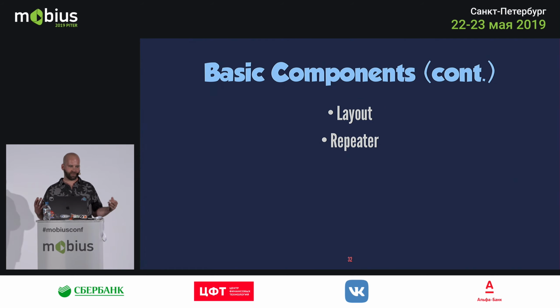It's like a heterogeneous recycler view. Litho is great at this, with a nice wrapper around the recycler view. A repeater is basically just a component that repeats its children. Then you can easily build things like a parallax layout, which is just a layout that takes two root components, one the header and one the footer. So it's all components all the way down.